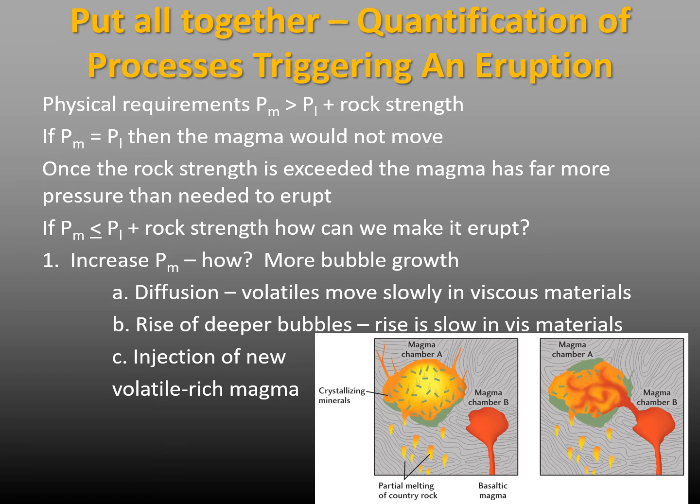Well, there's really 3 different ways that volcanologists have thought of that could make this happen. The first one, diffusion, simply means that the bubbles grow slow as gases come out of solution and move into bubbles.